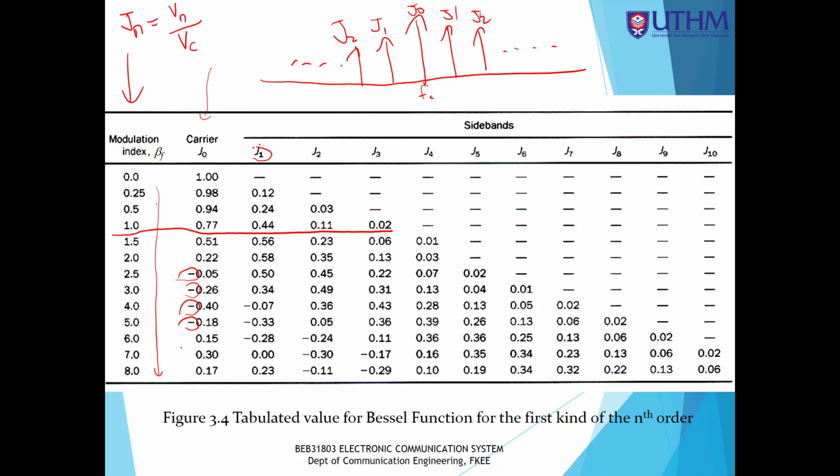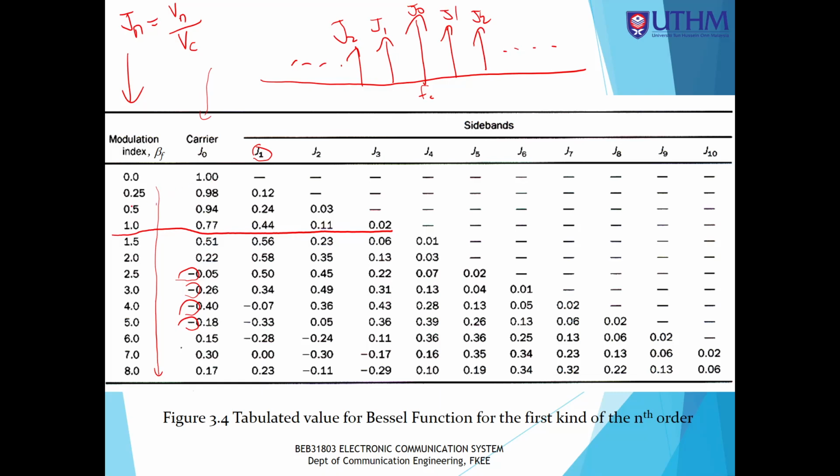So this J is actually pairs of sidebands, pasangan sideband. That means if beta is equal to 1, we are going to have the carrier component, 3 upper sidebands and 3 lower sidebands.